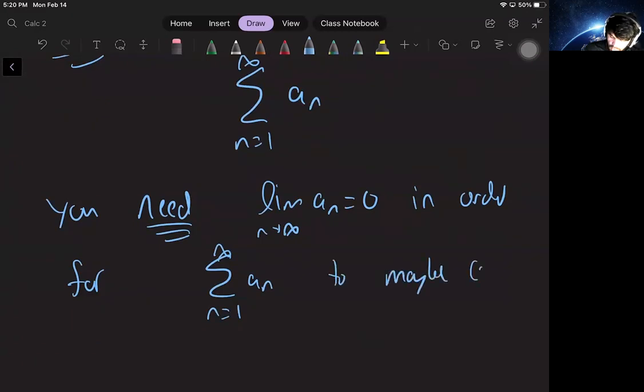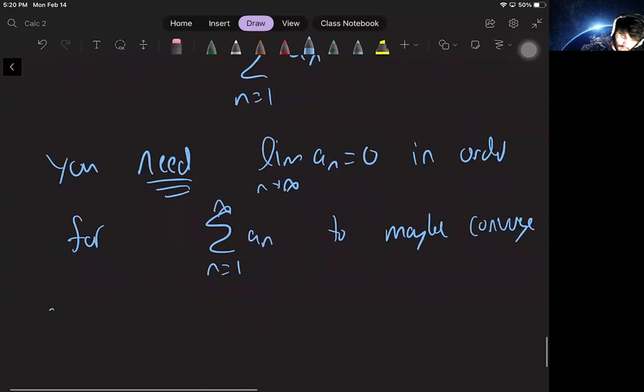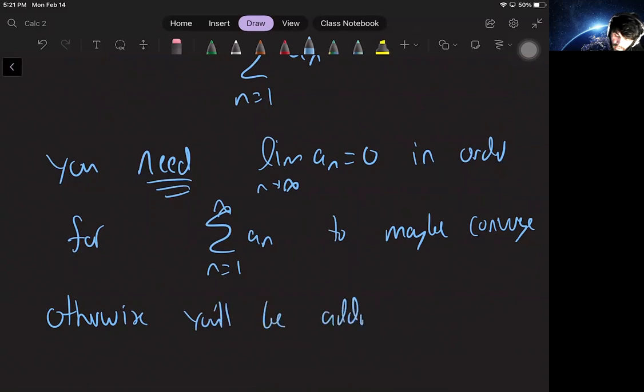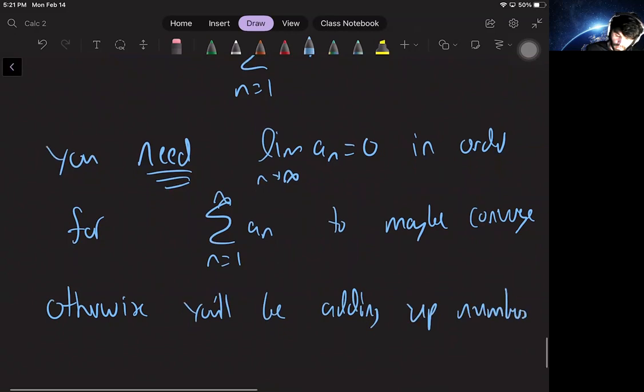It might still not converge, but it needs to have that in order for it to even have a chance to maybe converge, because otherwise you'll be adding up numbers that are too big.